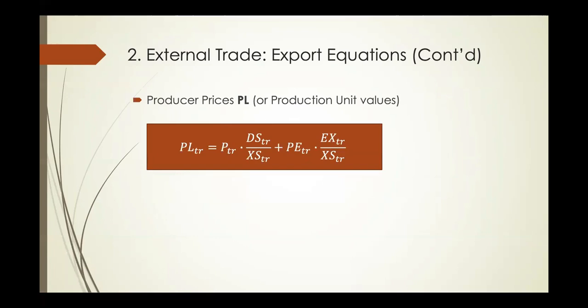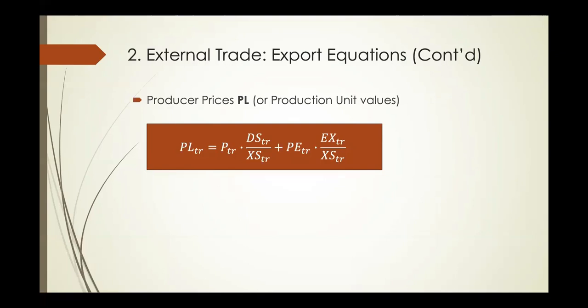As producers sell their goods and services partially to the local market at price P and partially to the foreign market at price PE, the unit value PL of each sold product is an average weighted price.